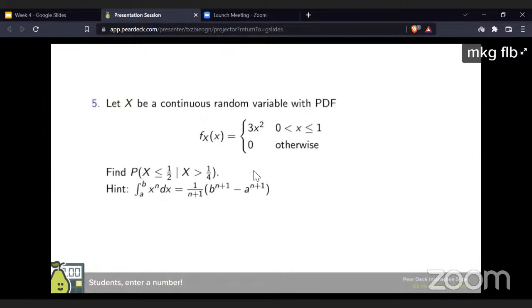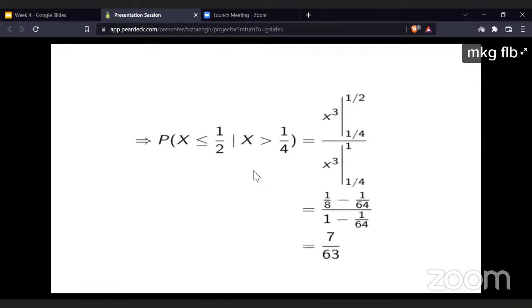So I took the lower limit a as 1 by 4 and the upper limit b as 1 by 2, and integrated using the formula x to the power n dx, that is 1 by n plus 1. I calculated that way and also got the same answer 0.11. But is this approach incorrect, because I did not follow the one you are showing here?